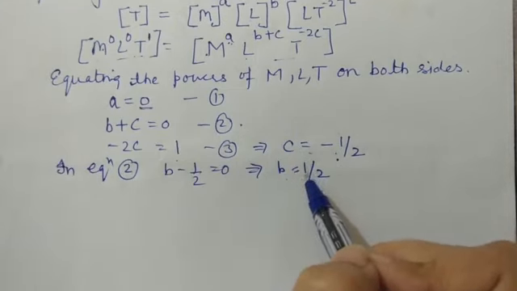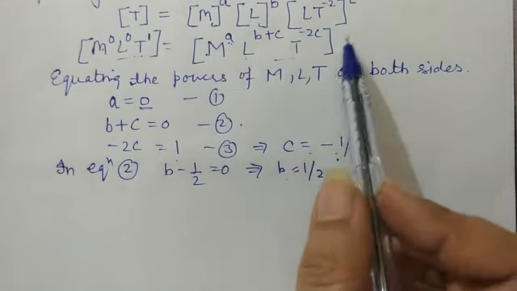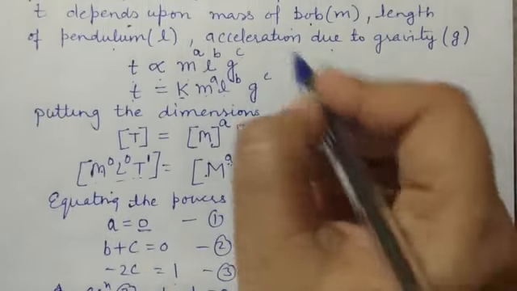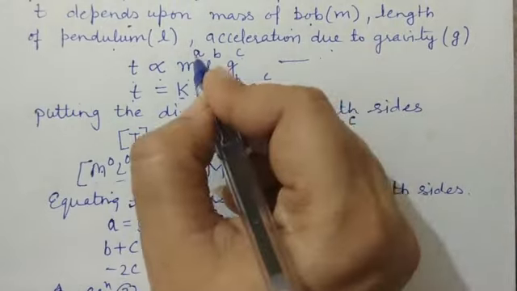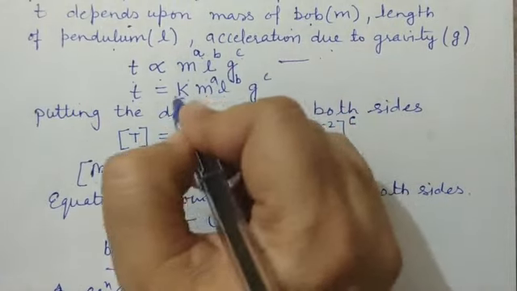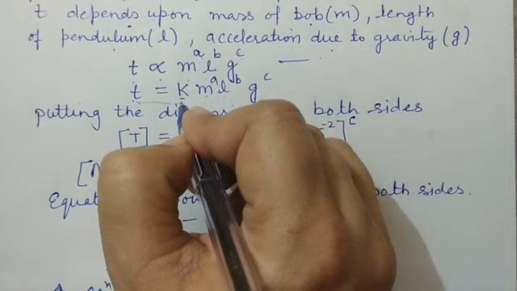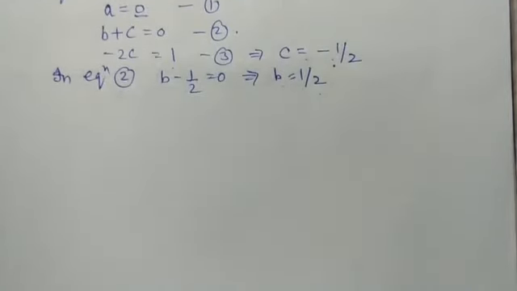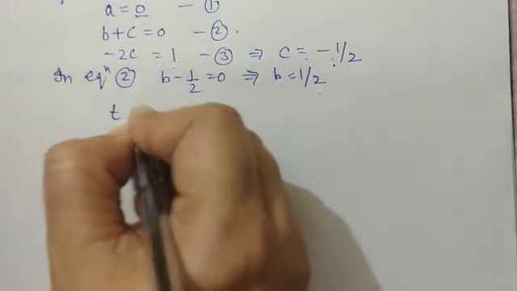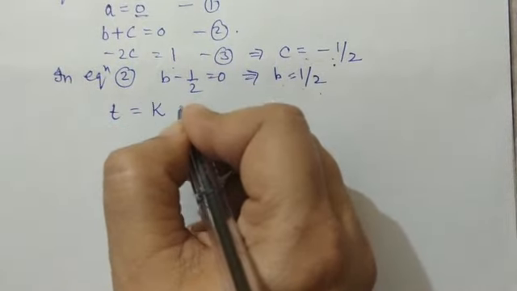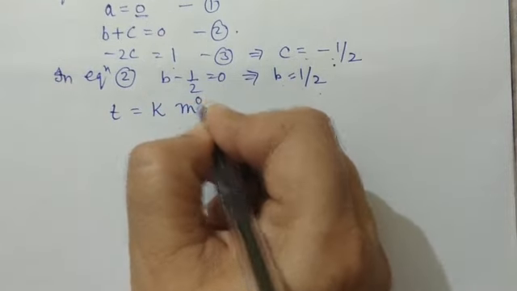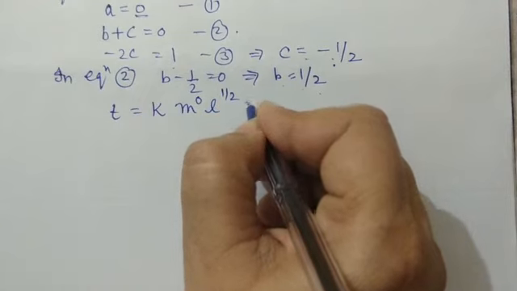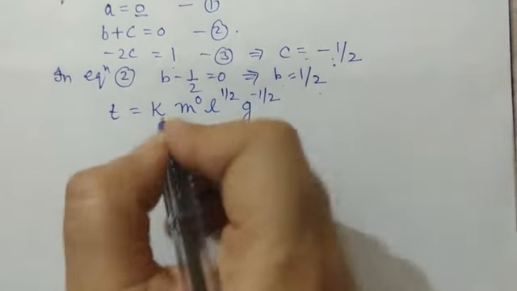We'll put these values of a, b, c in the equation that we had assumed in the beginning, with proportionality constant k. T is equal to k, M^0, L^(1/2), and g^(-1/2).